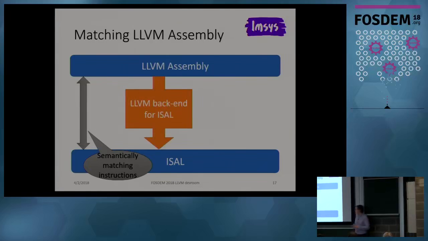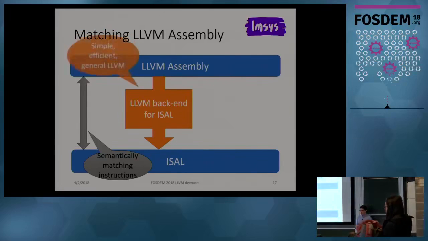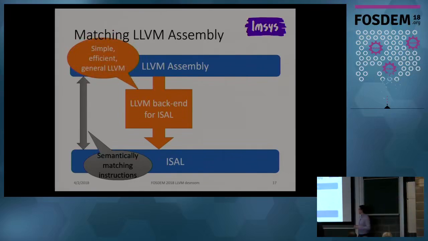So we developed our own LLVM backend, which turns LLVM assembly into ISA-L. And this backend does not need to do very complicated things, actually. So it's very simple, kind of efficient, and mostly it uses general LLVM facilities. And this is thanks to the matching semantics.